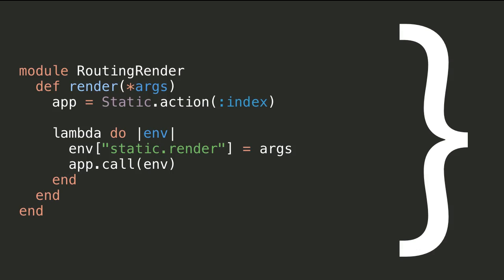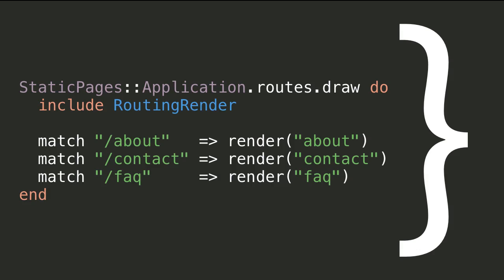If you remember, our Static controller extracts the arguments out of static.render and simply passes them to render. So what this means is that any argument that you could validly pass to the render method in Rails, you can pass to the render method in the router. Finally, we'll just include RoutingRender into our router in StaticPages::Application.routes.draw, and then we can simply do match 'about' to render 'about'. And this is exactly the same thing as creating a controller action which does render 'about'.